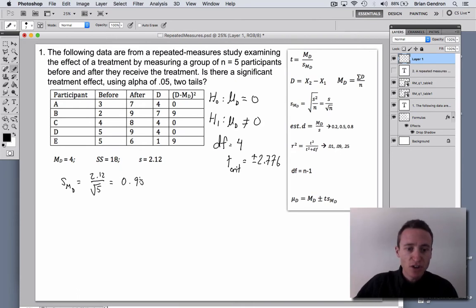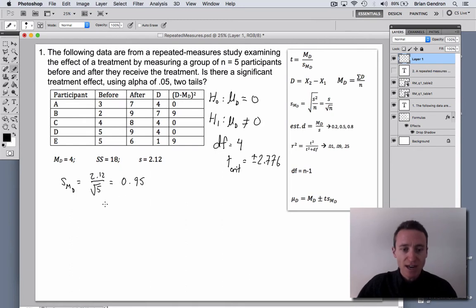The interpretation of this is always the same: if the null hypothesis is true, this is how much error you should expect. In this context, if the null hypothesis is true, meaning there's no difference on average between the before and after scores, you would expect a difference on average of 0.95 due to sampling error alone. That's just random chance.